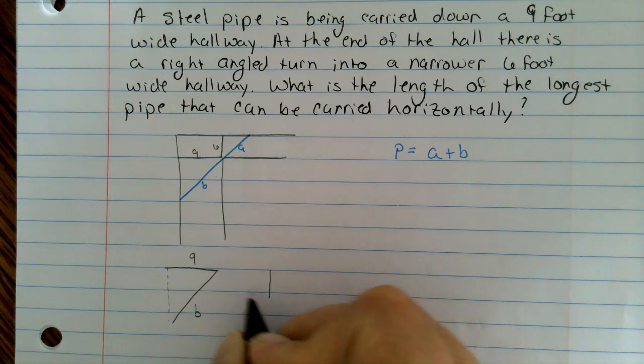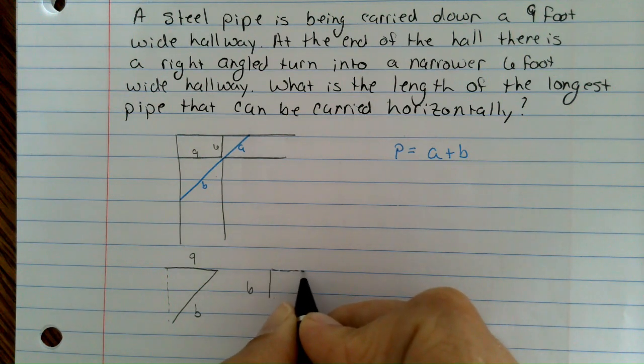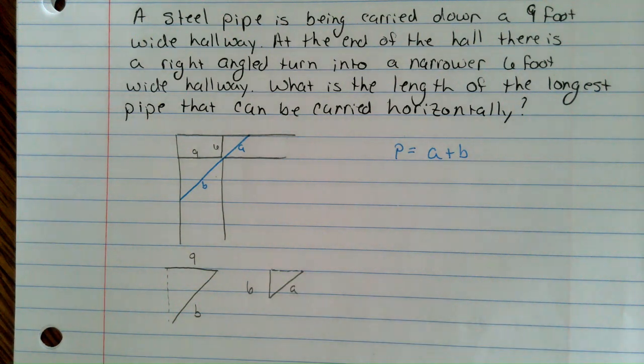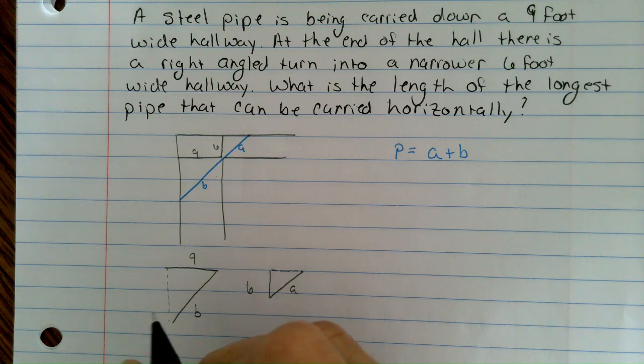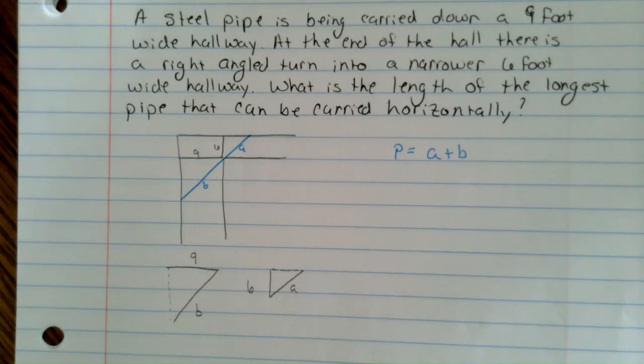And we have 6 and A. We have 2 right triangles, but if I call that X and Y now, I have 4 variables, and that's not very helpful. So while some people would sit here and push through and push through and push through, what if instead we looked at an angle?